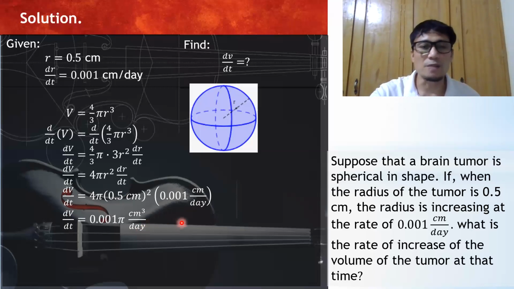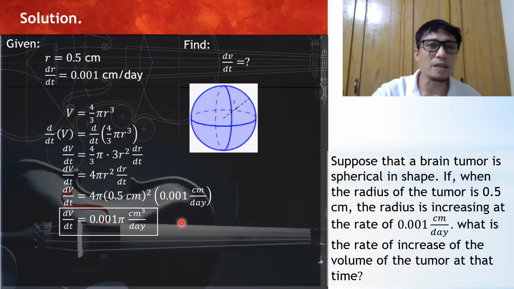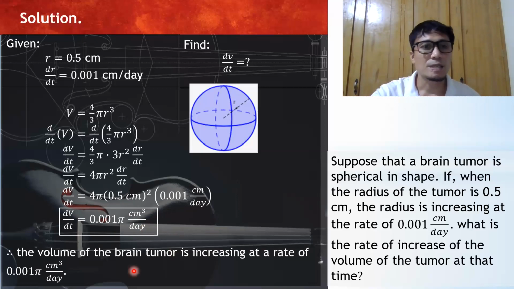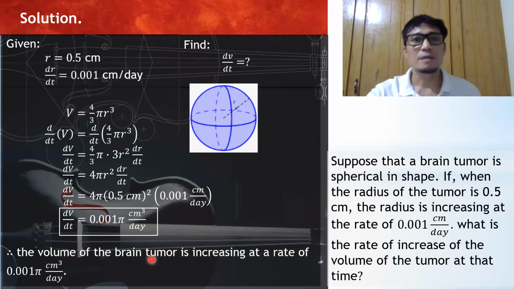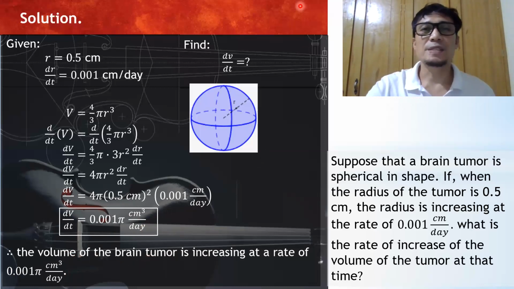What is the implication of this? The implication is the rate of increase of the volume of the tumor is 0.001 pi cubic centimeter per day. Okay, so that's for our first example.